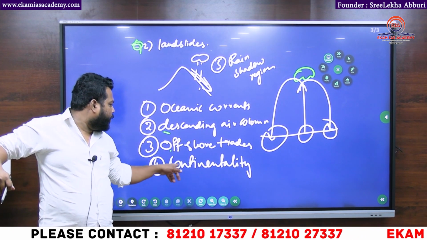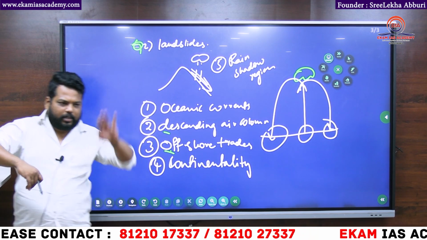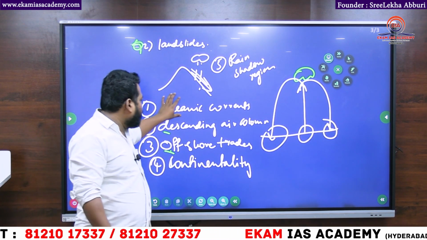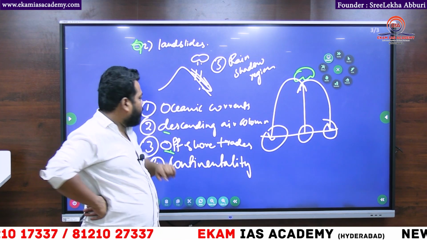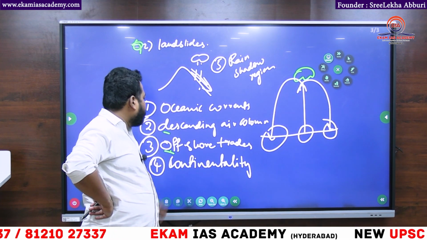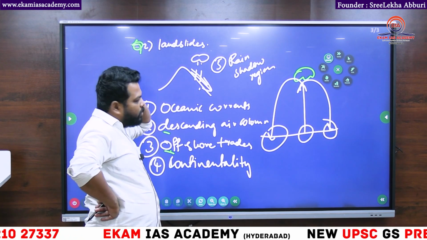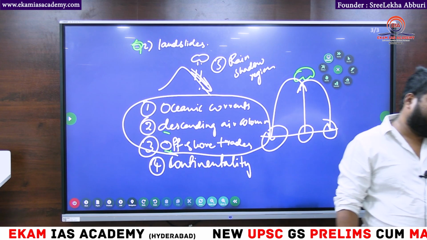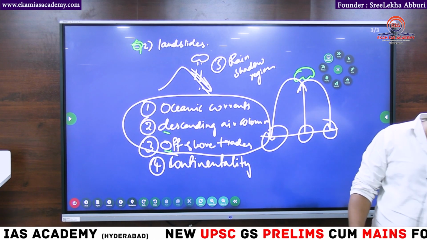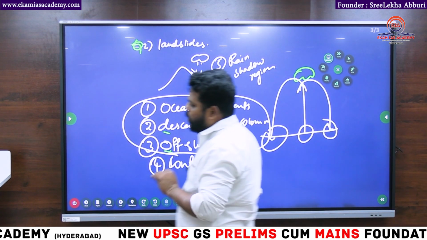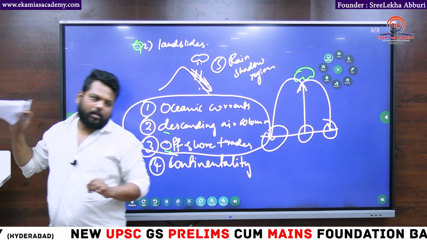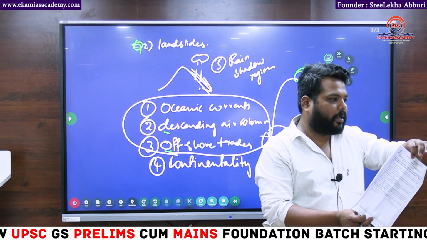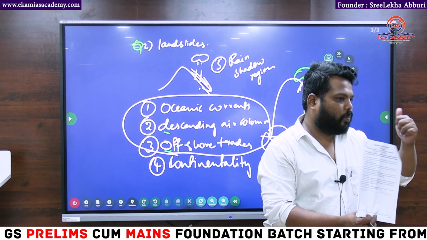Generally, 1 and 2 come hand in hand: descending air column and offshore trade winds. This is why, with cold oceanic currents along the western margins, descending air column and offshore trade winds, we have deserts located along the tropics on the western margins of continents. In this particular question, they asked why major deserts in the northern hemisphere are located between 20 to 30 degrees. Why 20 to 30?